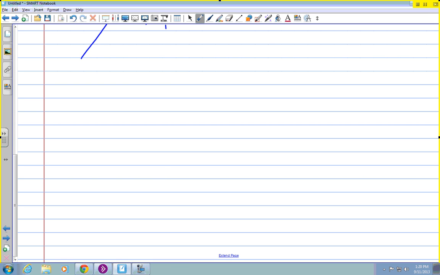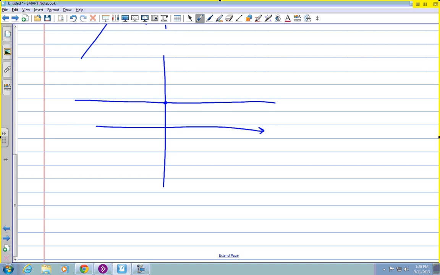Check this out. If I just graph, here is y equals 3, so it's always that. Here's 2x plus 1, so it starts at 1. So they connect there, right? And here is 4, 5. So they do that.